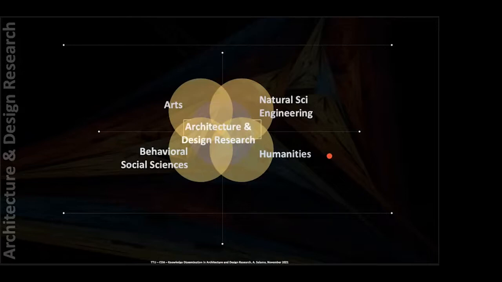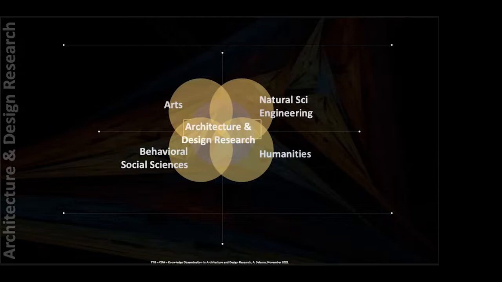And we can see here natural sciences, humanities, social and behavioral sciences, arts. And we operate at the intersection of these. The diagram shows that we need to operate at the intersection of these. We need more of intersecting efforts between these areas.